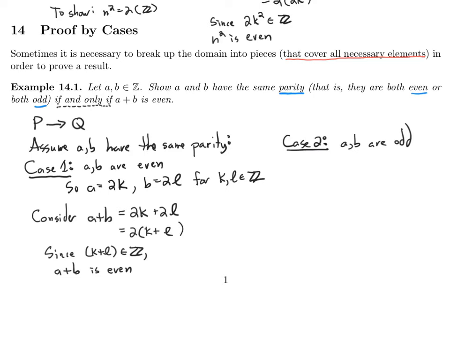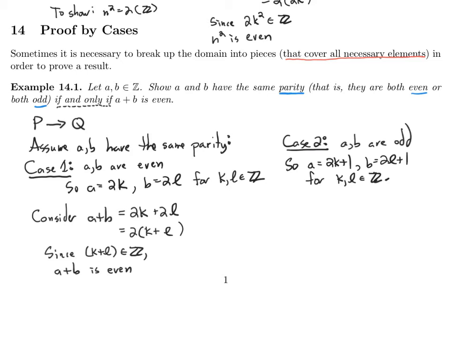Okay, so what does that mean? So it means that A is 2k plus 1. Remember, that's how to write an odd number. And B is 2L plus 1 for some k and L that are integers.